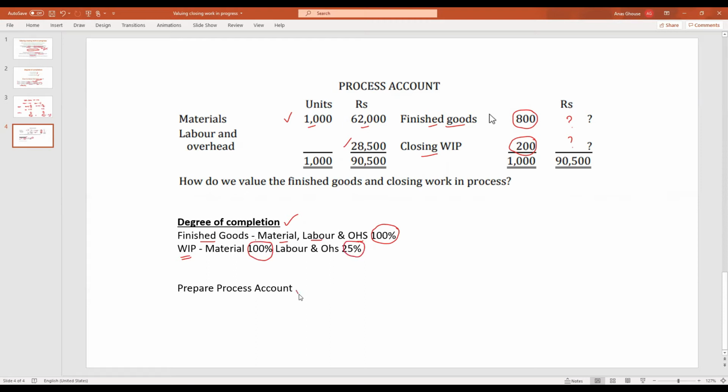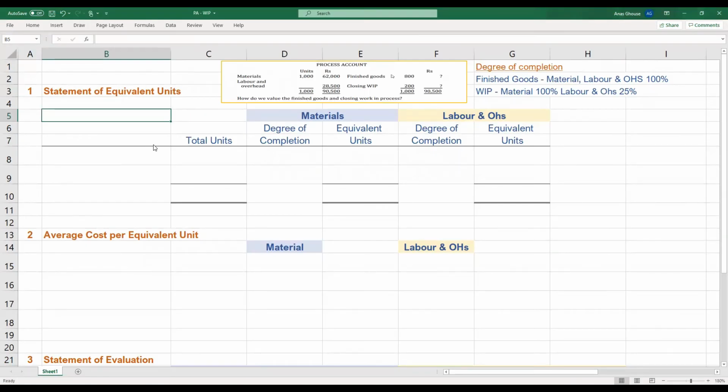Prepare the process account. Now let's move on to the calculation part. First of all, you need to calculate the equivalent units. Now let's take finished goods first.